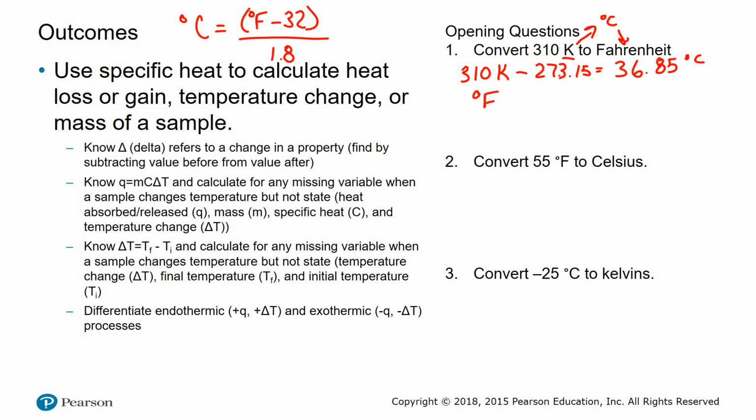If we manipulate the equation to solve for Fahrenheit, it's going to be degrees Celsius, which is 36.85, times 1.8, plus 32. So I end up with, when I put it to the ones place, 98 degrees.